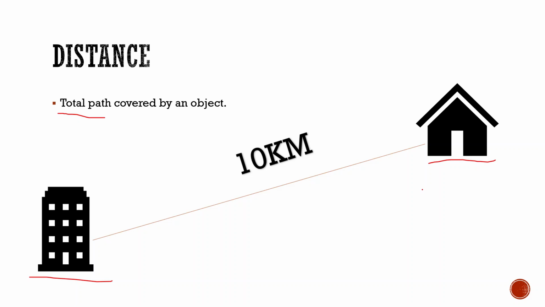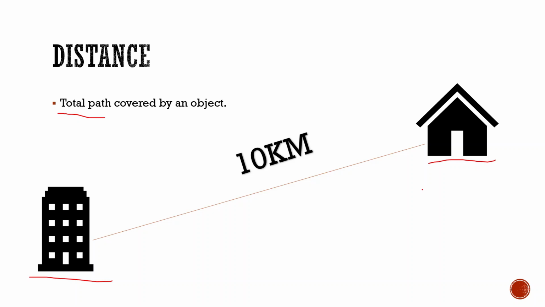Now case 2, think of it. You're traveling from your house to your school and returning back from your school to your house. So what is the distance? Distance is the total path covered by an object. So what is the distance covered? 20 kilometers.